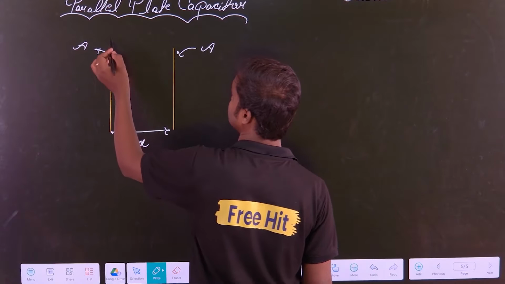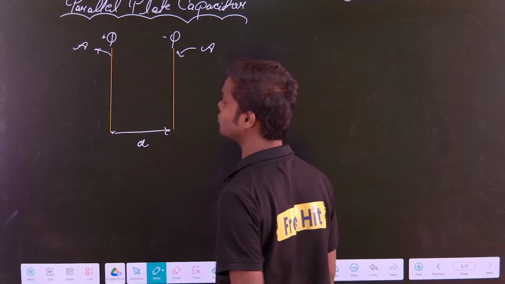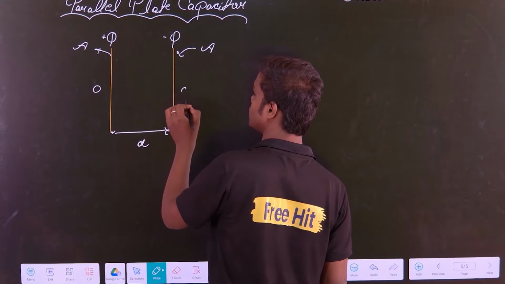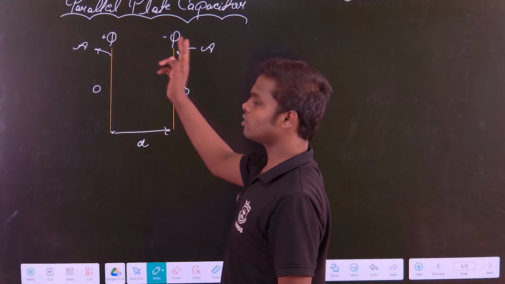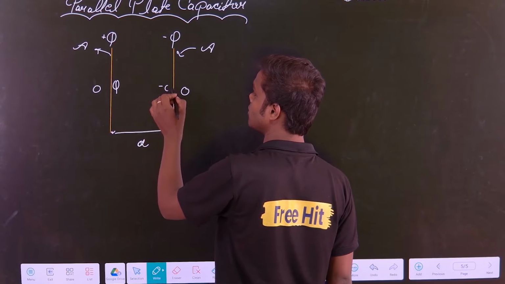On these sheets we give a charge plus q and minus q. Obviously we know how the charge will distribute. On this side, what is the charge? 0, correct, because it is (q1 plus q2) divided by 2. On this surface, (q1 minus q2) divided by 2 becomes plus q, and on the other surface it becomes minus q.